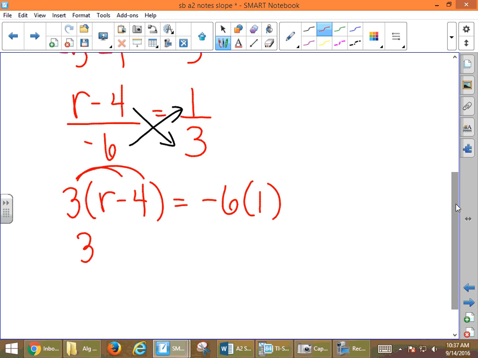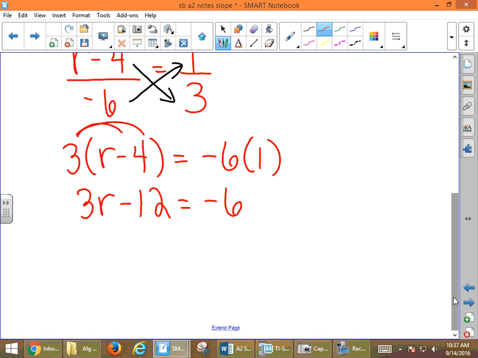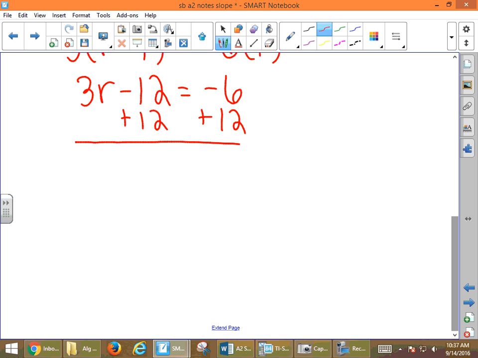We get 3r minus 12 equals negative 6. When we add 12 to both sides, we have 3r equals positive 6. And finally, it's 3 times r.